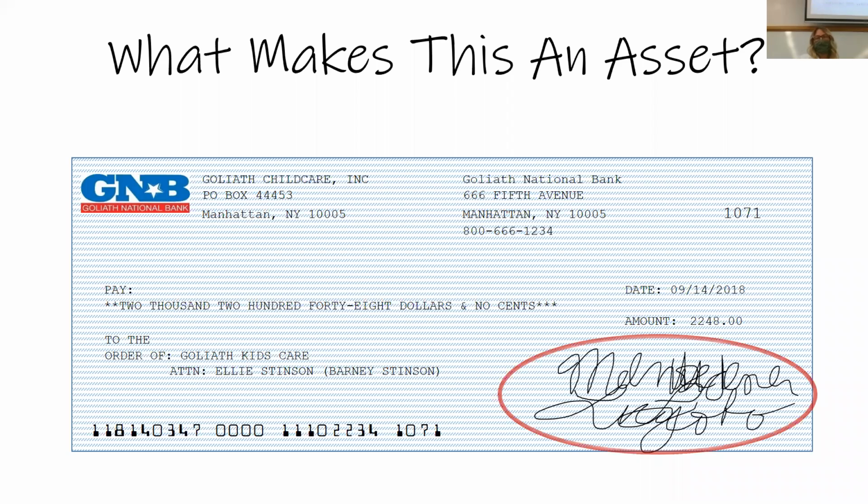Yep, the signatures is one of them. There's 2 of them here. Why do you suppose there are 2? We'll talk about the controls in a second, but why do you think they need 2 signatures to authorize this payment? Right.